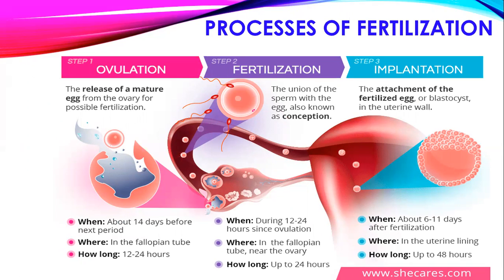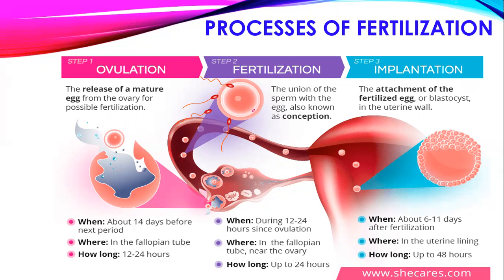Now, to accomplish the last objective, let us discuss the processes of fertilization. These processes include ovulation, fertilization, and implantation. Each month inside the ovaries, a group of eggs start to grow in small fluid-filled sacs called follicles.